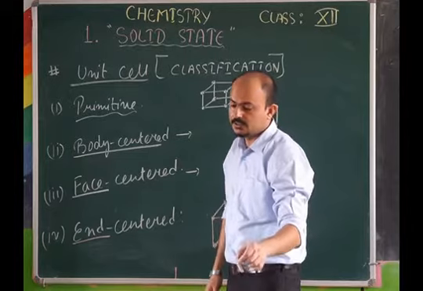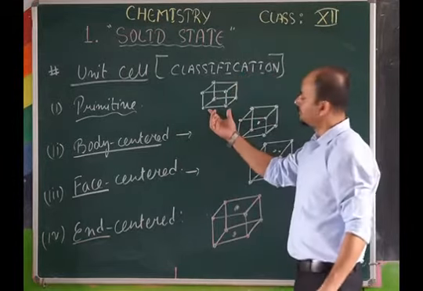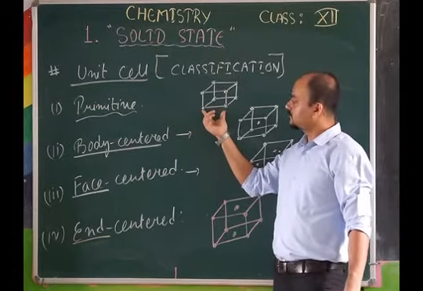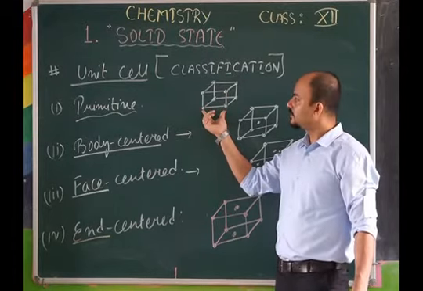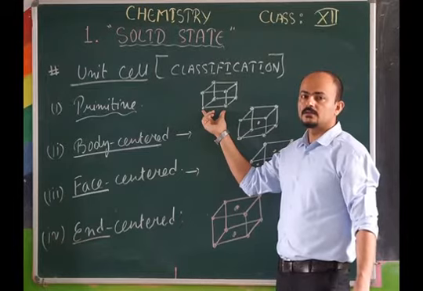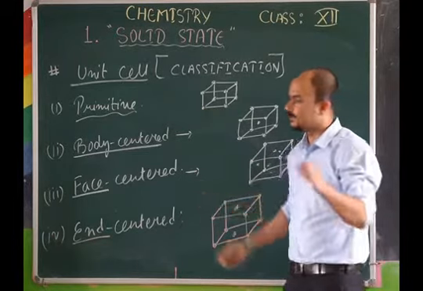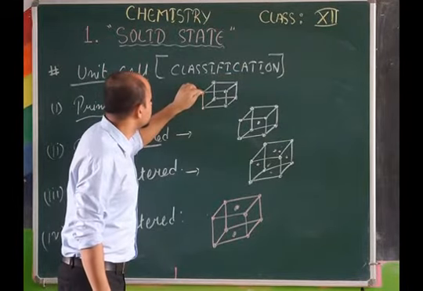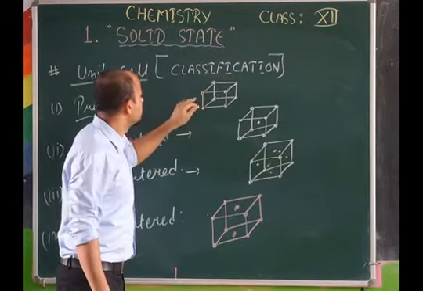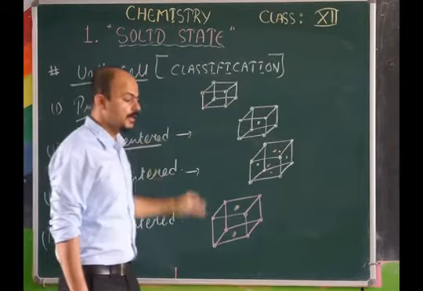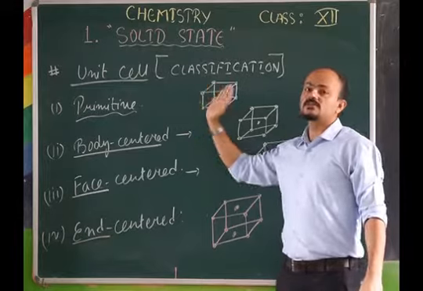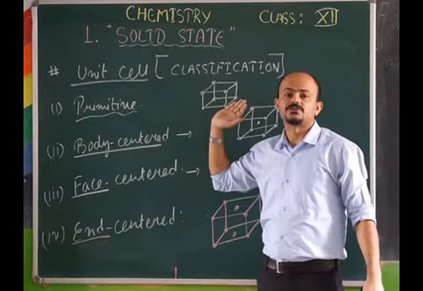So let me tell you here itself. Now, please listen carefully. Okay, this is very important. Here in case of primitive unit cell, what you have to know is, see, each atom at the corner is being shared by. Now see, this same structure, as I told you, keeps on repeating in all the 3 dimensions.